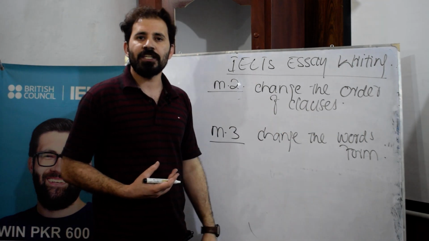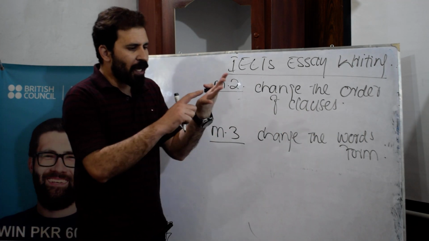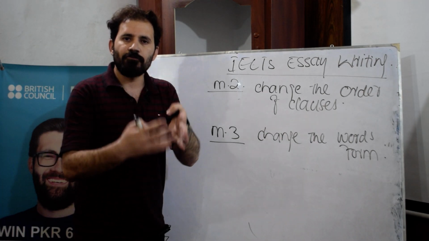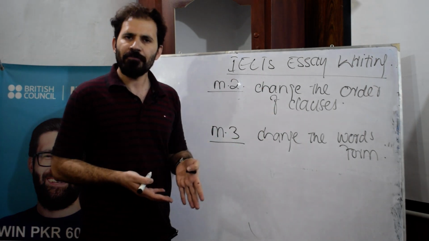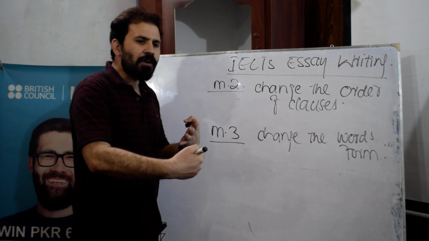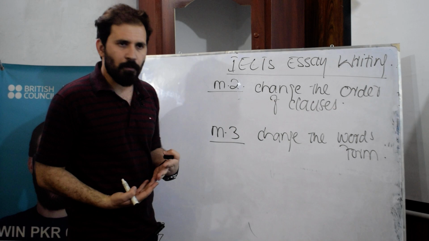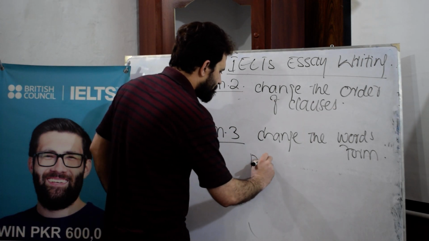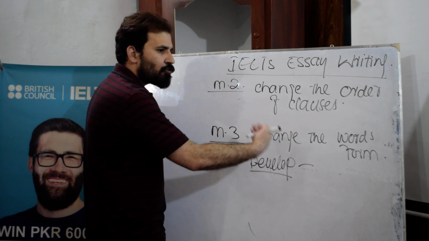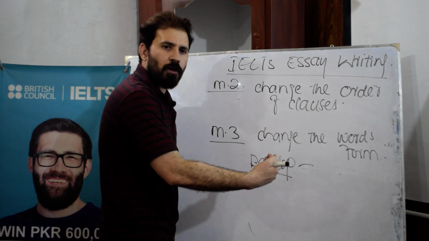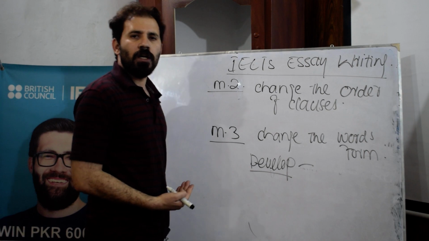How can we change the word form? For example, if you have an infinitive, you can convert it into a gerund, or if you have a gerund, you can convert it into an infinitive. If there is a verb form, you can convert it into the noun form. For example, if I say develop, that is a word form. Now change the word form. Simply changing this word form is also called paraphrasing.